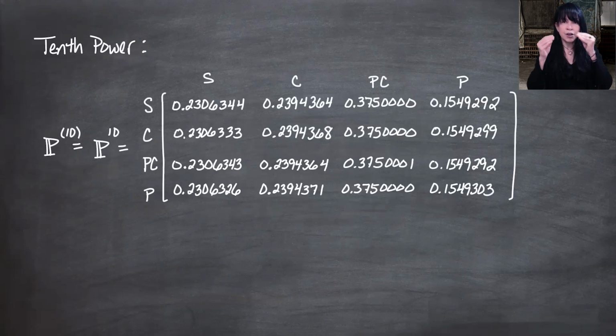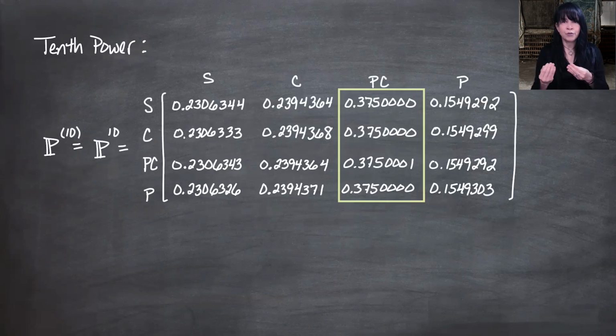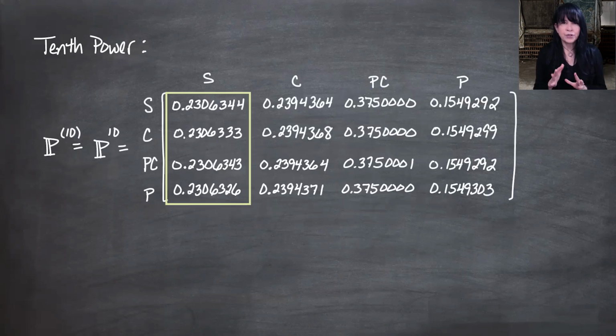It appears that all the values in any one given column are settling down to be the same number. Like here, I'm really seeing it. I'm seeing 0.375, and then I get a 1 way out here, but they're getting really close in all cases. For my sunny column, it appears that they're all kind of settling around 0.2306 and change.